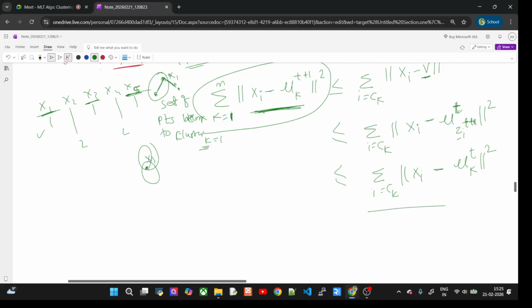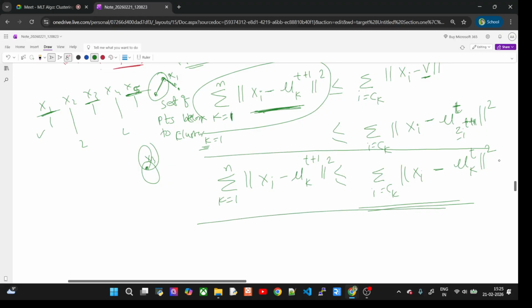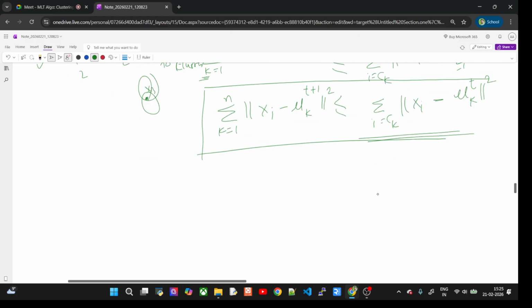See, even if you don't get the complete expression, just understand what it wants. When will he jump? When he feels that the current distance of myself from the current mu is bigger, and the neighbor has a smaller distance, then I will jump to that. I don't want to stay here. So this is what it is.